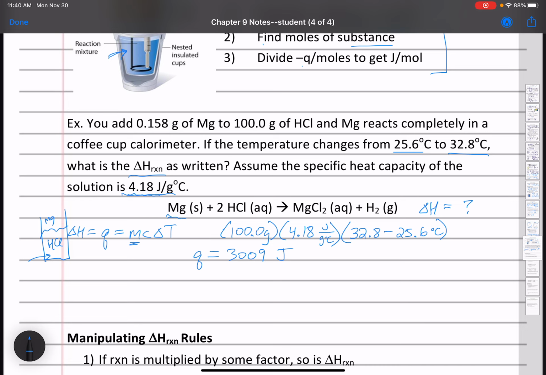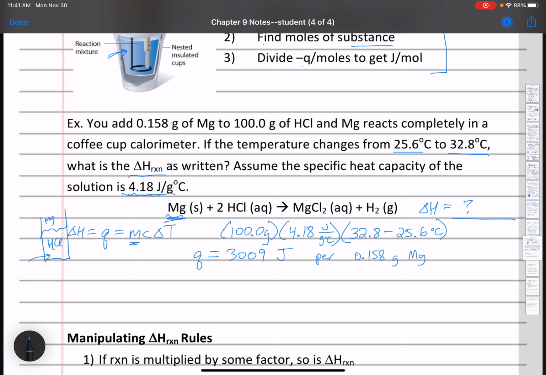So in this reaction, we have 1 mole of magnesium. I need to figure out not how many joules. This was 3009 joules that was generated from 0.158 grams of magnesium. But we need to figure out what the heat is from 1 mole of magnesium, because that's how this reaction is written.